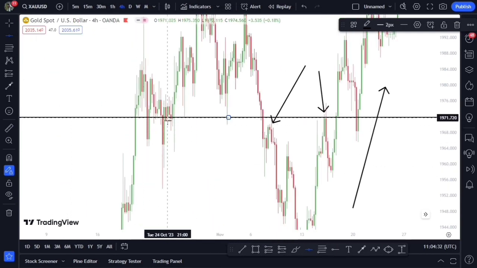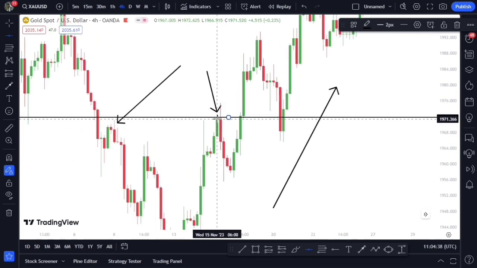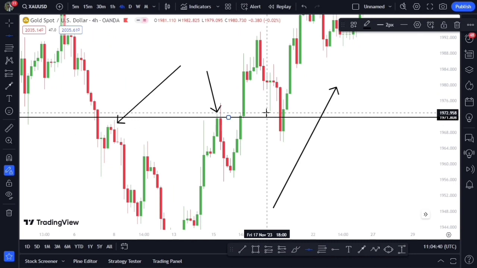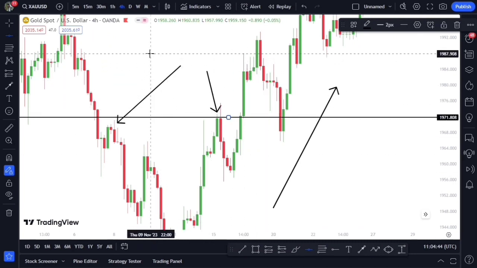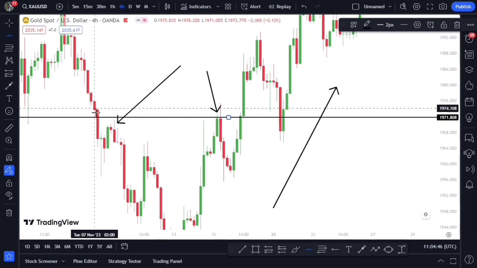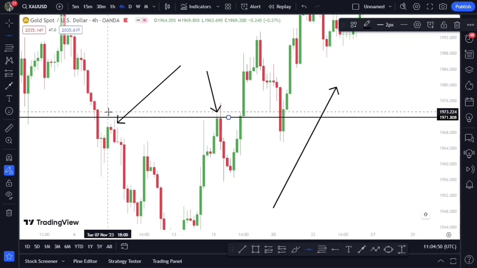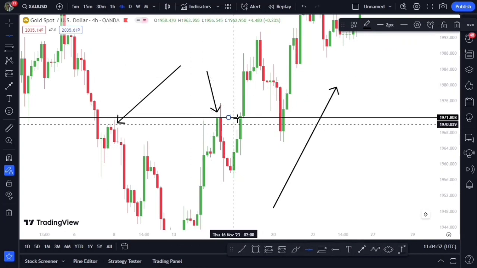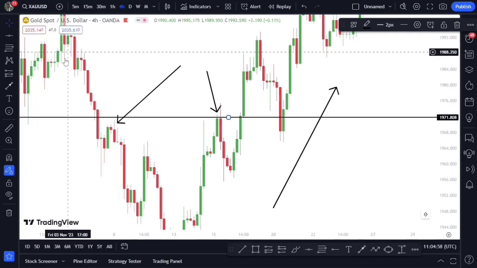As you could see, it has been rejected a lot of times. So breaking and closing above this level could be an indication to continue up, and understanding that when we look at the left, we see clean traffic to be filled, and also an idea that this candle could be continuing up to fill the previous levels.